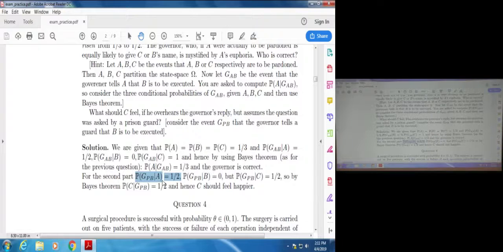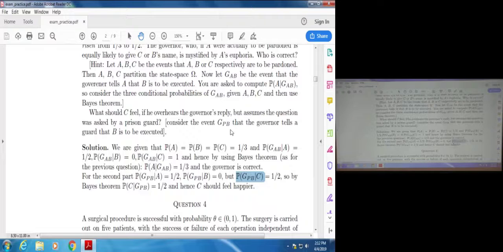The probability that the governor tells the prison guard that B is to be executed, given that B is to be pardoned, is 0, because the governor knows that B is pardoned, so he's not going to tell the guard that B is going to be executed. And the probability that the governor tells the guard that B is to be executed, given that C is to be pardoned, is again a half, because the guard is asking the question.